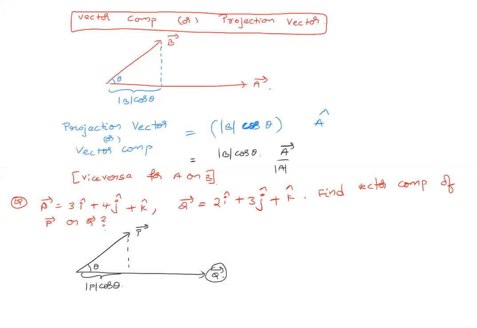So your vector component is mod P cos theta into Q cap.